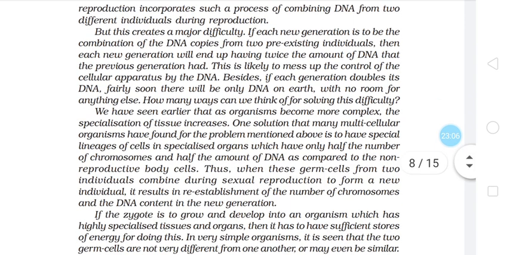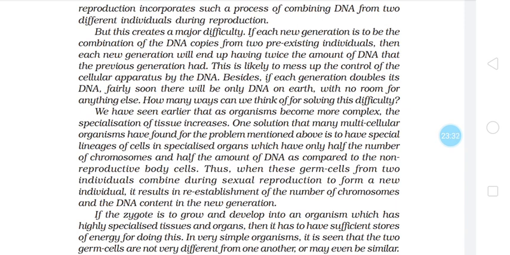But this creates a major difficulty. If each new generation is to be the combination of the DNA copies from two pre-existing individuals, then each new generation will end up having twice the amount of DNA that the previous generation had. This is likely to mess up the control of the cellular apparatus by the DNA.